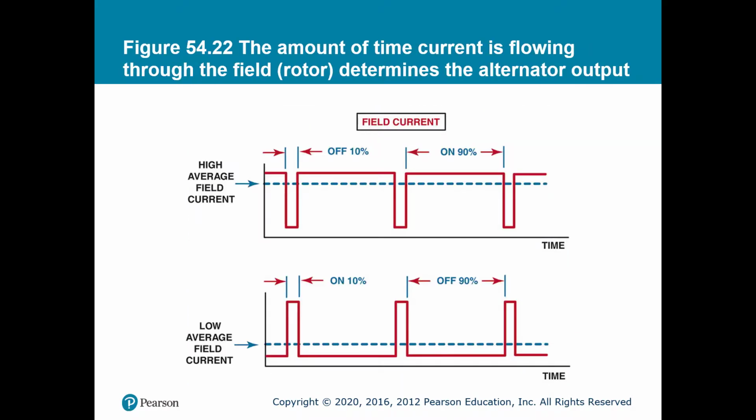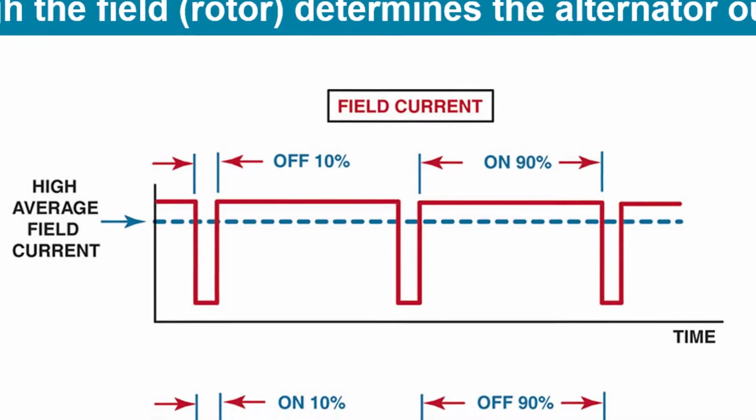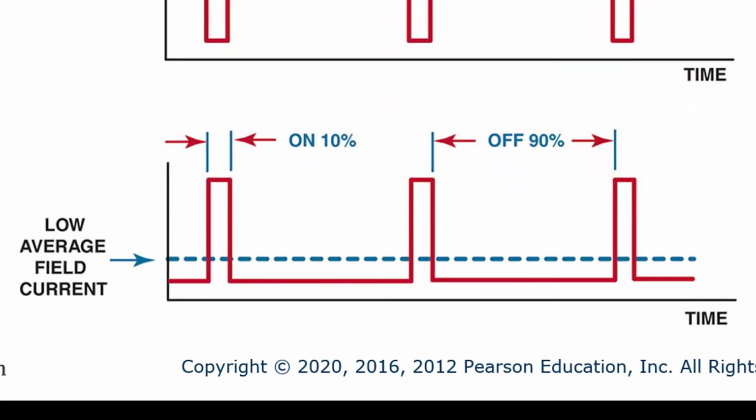This slide does a pretty good job of demonstrating duty cycle. In the upper picture, it shows an off time of 10% and an on time of 90%. This is a square waveform. In the lower picture, it shows an on time of 10%, but an off time of 90%.